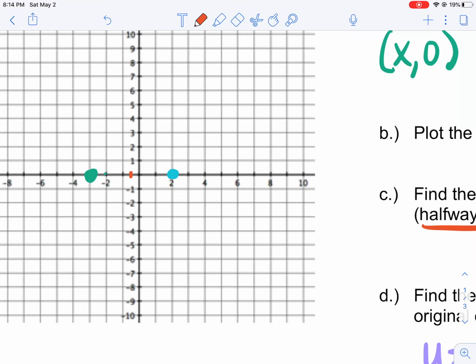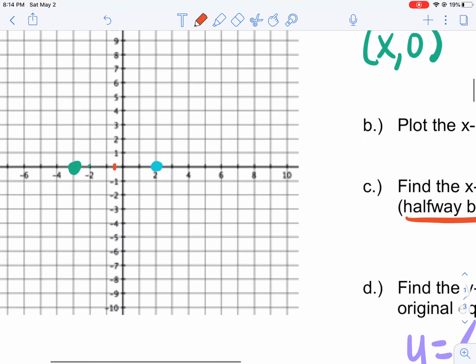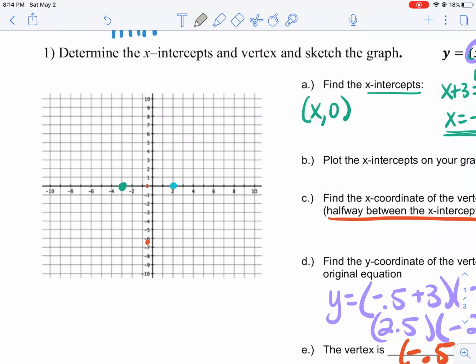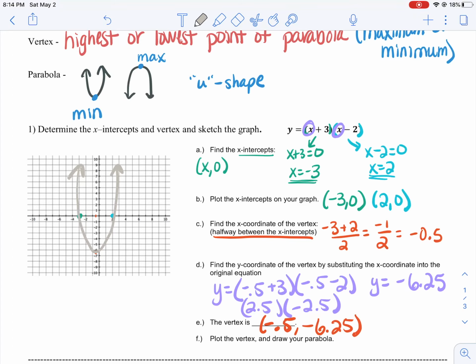Then we go to -6.25, so we have to go down 6.25, a little more than -6. So there's my point, there's my vertex. Then I'm going to draw my parabola here, and make it like a U. So that's what we were doing when we had our x-intercepts.